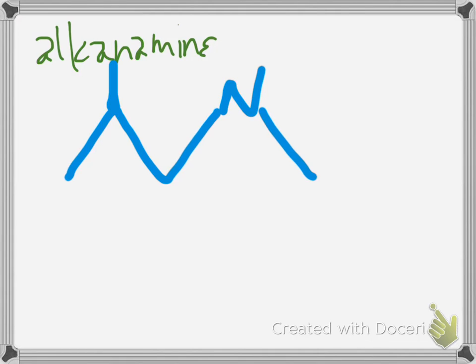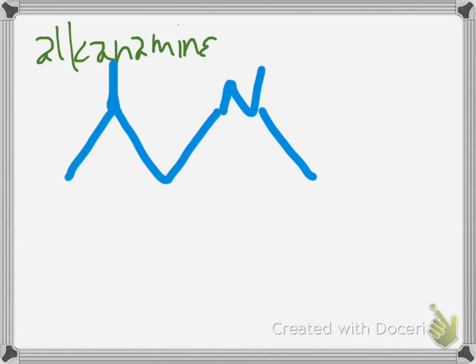So now, let's go ahead and do the alkanamine method. This is where you would name it as an alkane. You drop that terminal E, and you add in the amine ending. Just like before, this is a secondary amine, and so we have to look to see which side would get priority.